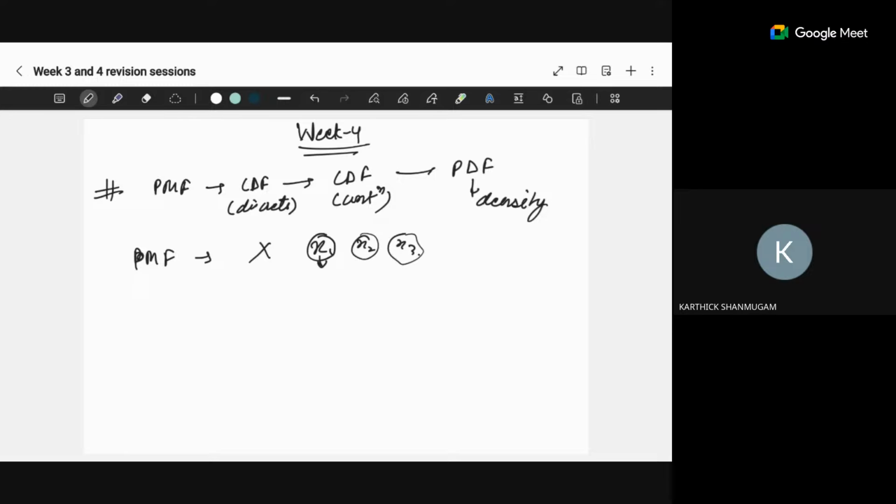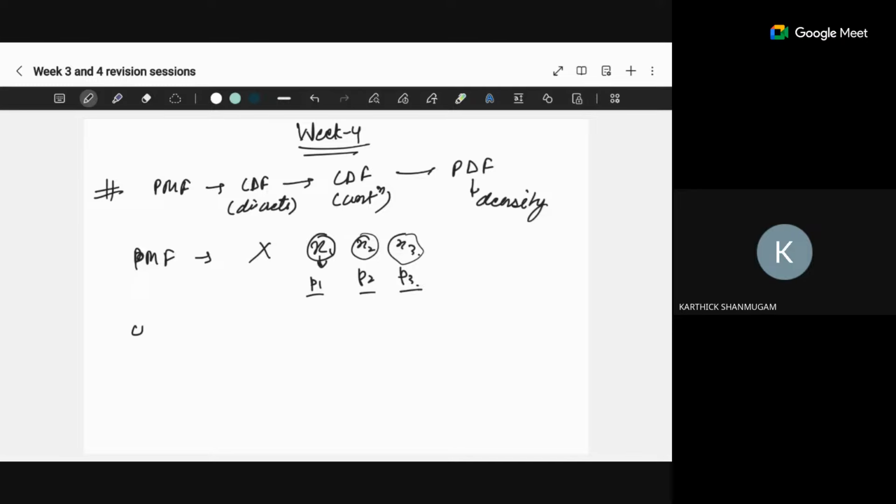The probability associated with x1 is P1, for x2 it is P2, and for x3 it is P3. So these are my PMF. PMF is actually the probabilities associated with each of the values of that random variable.